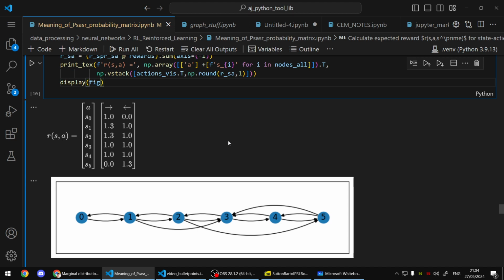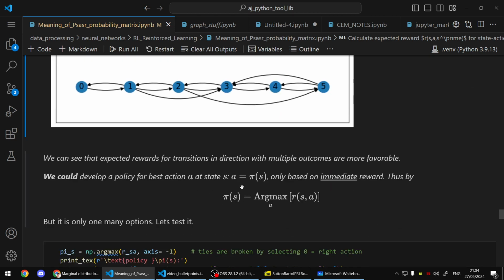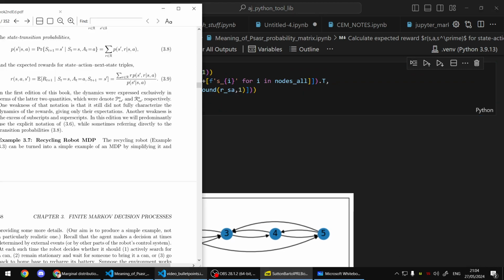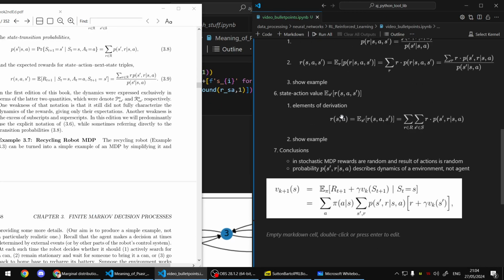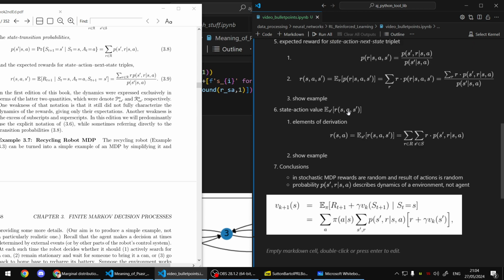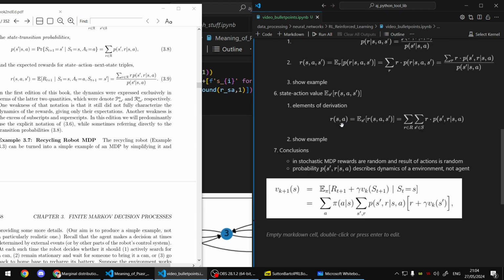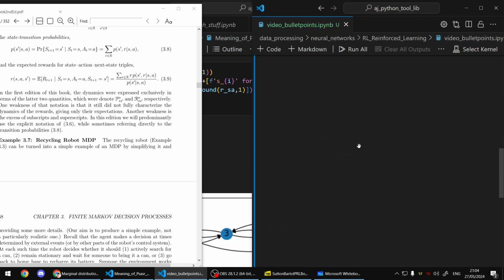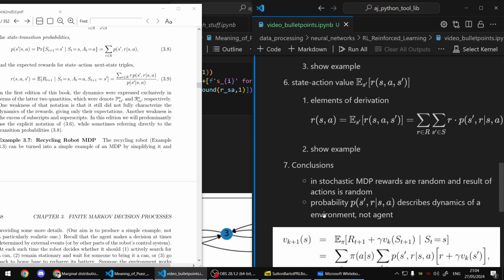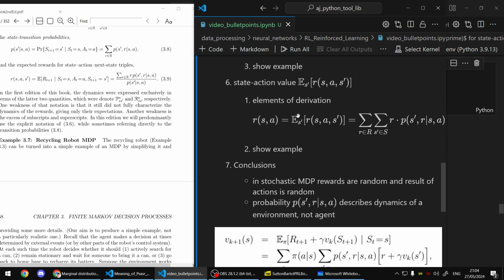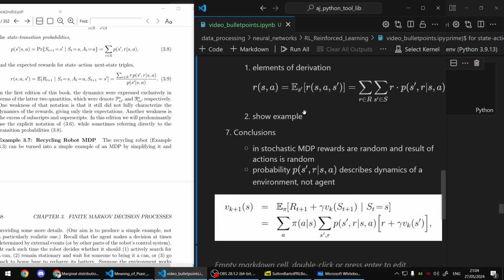I'll go further into policies and such, but what we have found out is how to calculate, and generally what's most important, the reward of taking an action in S prime, because it's independent of an agent, and that will always be used.